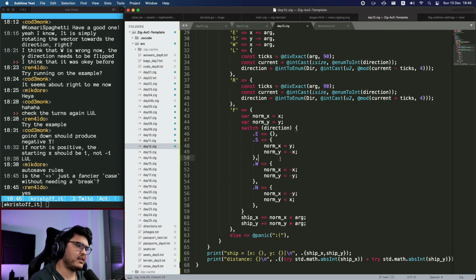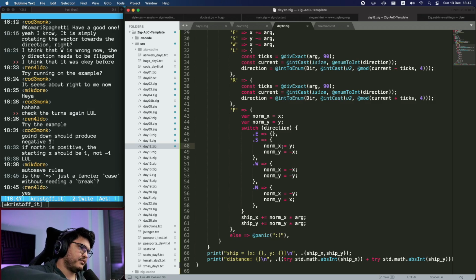Oh, wait, you know what I did? I think I know what I did. I did the north case and then I modified the south thing. Oh god. So north case is X is minus Y, yes, and Y is X, yes. South, well, that's north.